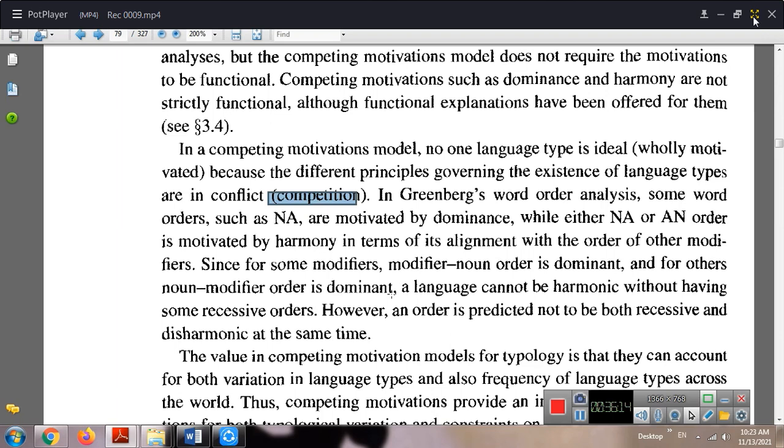A language cannot be harmonic without having some recessive order. However, an order is predicted not to be both recessive and disharmonic at the same time. We cannot have any language which is simultaneously recessive and disharmonic.